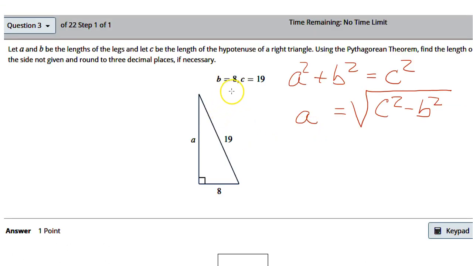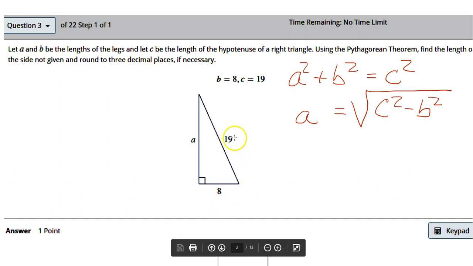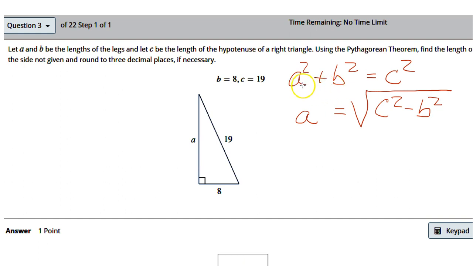Now, for this one is the Pythagorean theorem right here. A squared plus b squared equals c squared: if you square this side and square this side, add it together, it's equal to the square of side C. And if you want to solve for A, you transpose the b squared over, it makes it a negative on this side, and then take the square root of A and the square root of the other side.